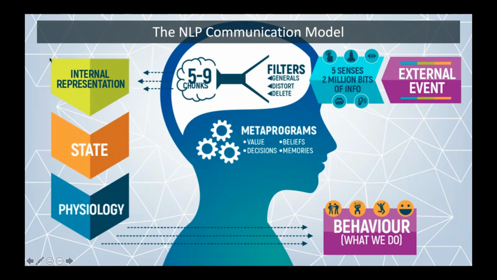The best way for me to explain what an internal representation is, is to do this example with you. I'd like you to think of your favorite food, or one of your favorite foods. It doesn't matter which one, just think of one. Close your eyes. Do you have a picture of this food?